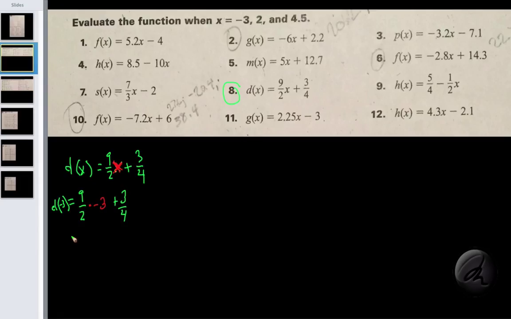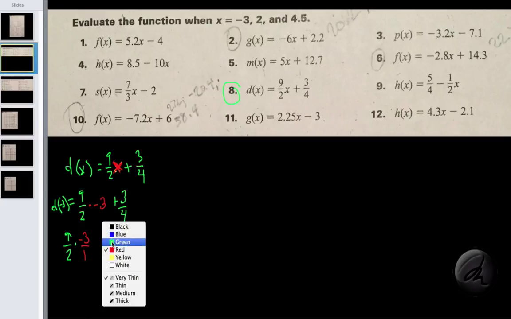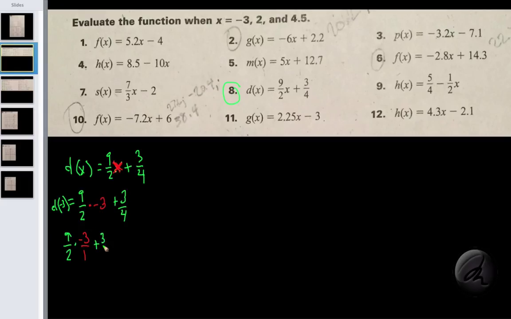So it would be 9 over 2 times -3 over 1, and then 3 over 4. So 9 times -3 is -27, and that is over 2 plus 3/4.